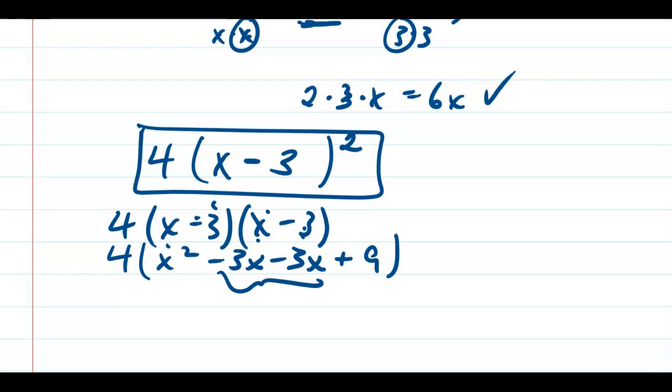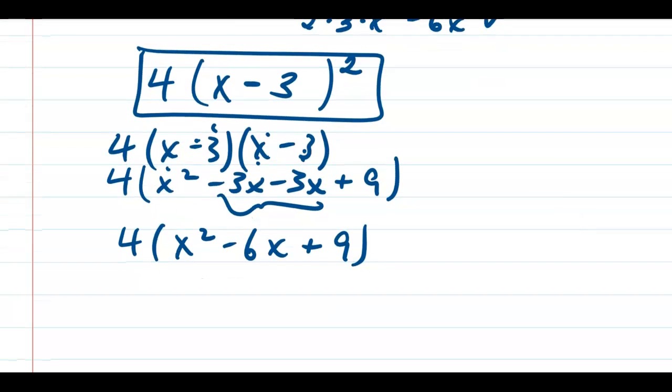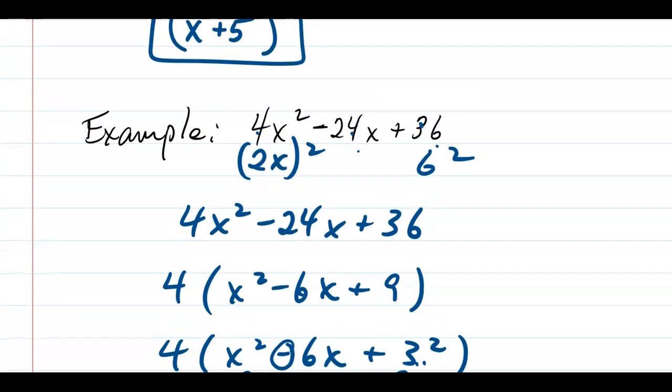When we combine these, we'll get 4 times x squared minus 6x plus 9. And finally, we can distribute, and we get 4x squared minus 24x plus 36. And we're back to the beginning, aren't we? So this worked.